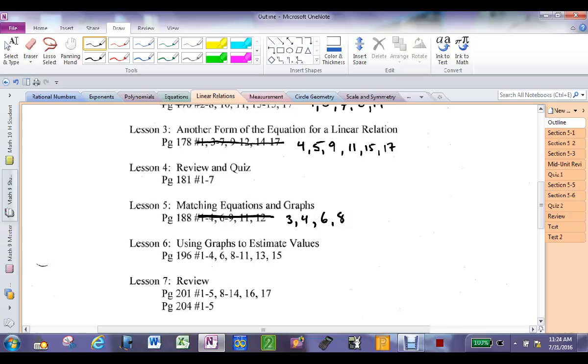And you are going to do 11 and 13. And that will take us to our next break. After that break, we will finish this unit. We will lock in that. You will do your review tomorrow. You will start with a quiz, then you will review. We do not test on Fridays. You will be testing on linear relations on Monday, which means we will be starting Unit 6 tomorrow.